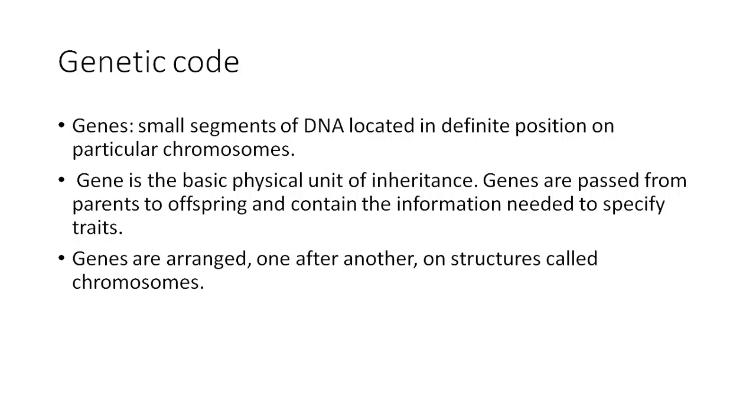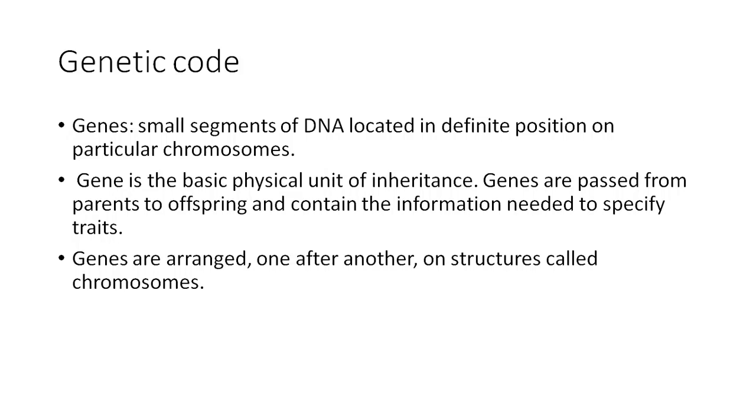Within each cell nucleus are chromosomes, coils of DNA that contain smaller segments called genes, the functional units of heredity. Each gene is a small unit of DNA located in a definite position on its chromosome, and each gene contains the instructions for building a specific protein.